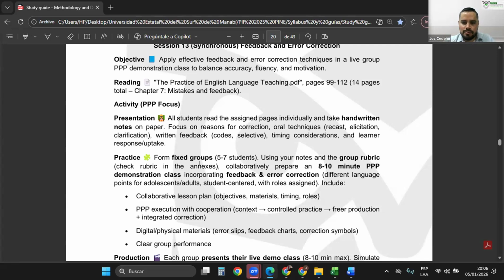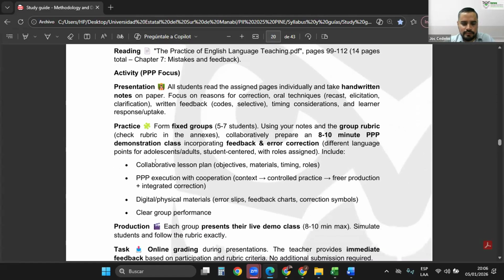We're gonna make some groups. The roles must be identified in the way that you switch. So if you have been the teacher in the past, now it's time to be the student. And if some of you haven't participated in the presentation, it's time to do that, okay?